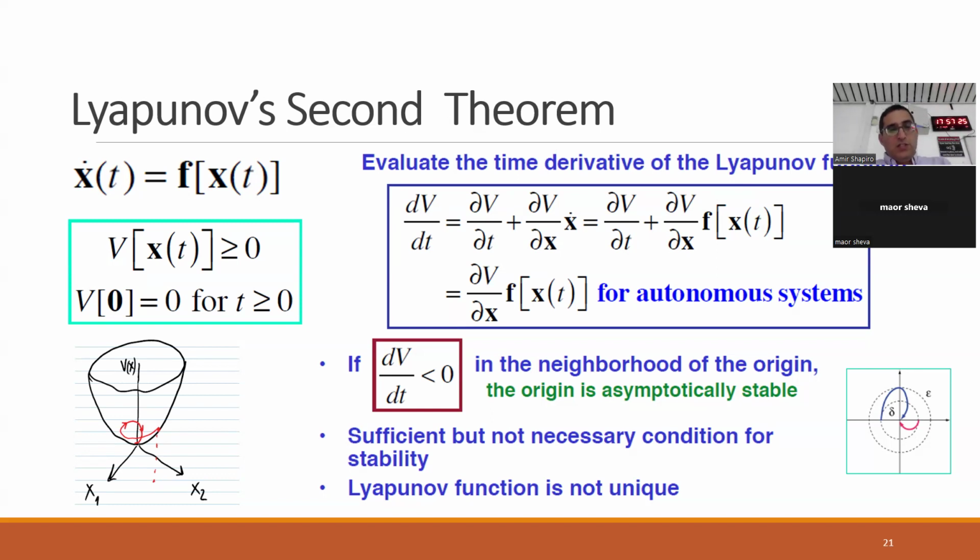So if dV/dt is smaller than 0 in the neighborhood of the origin, it doesn't have to be globally, it doesn't have to be all over the state space, it can be also just local, then the origin is asymptotically stable. This is a sufficient but not necessary condition for stability. It means that if this exists, the system will be stable.